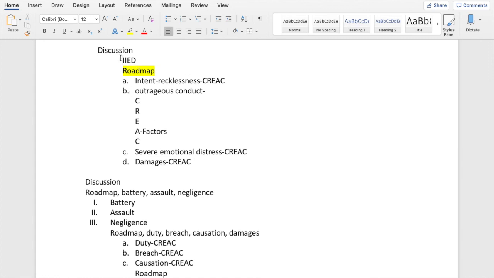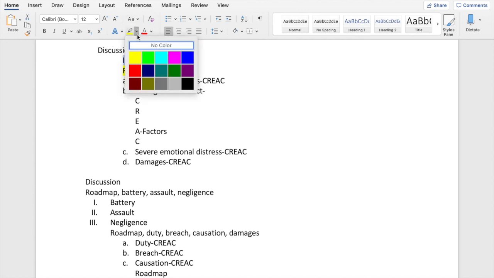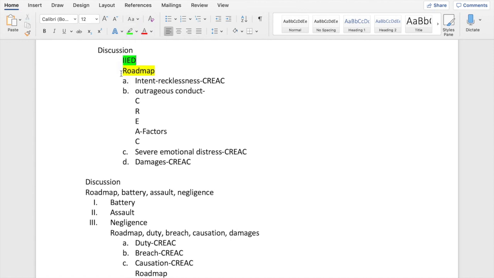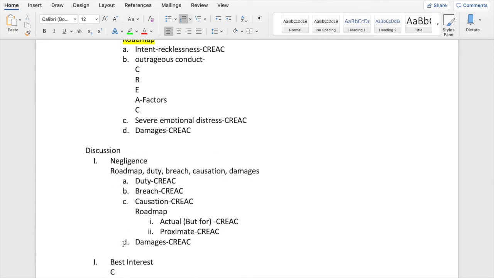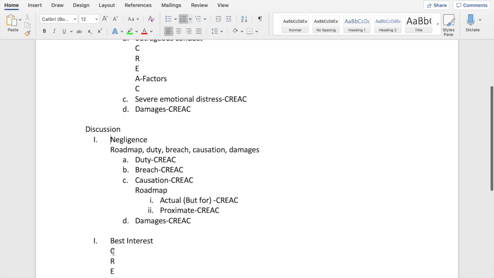So if you had a single claim, like IIED, you would have a CREAC for each element and a roadmap before that element. Likewise, let's say you had a single claim for negligence. You would have a roadmap and then a CREAC for each element.